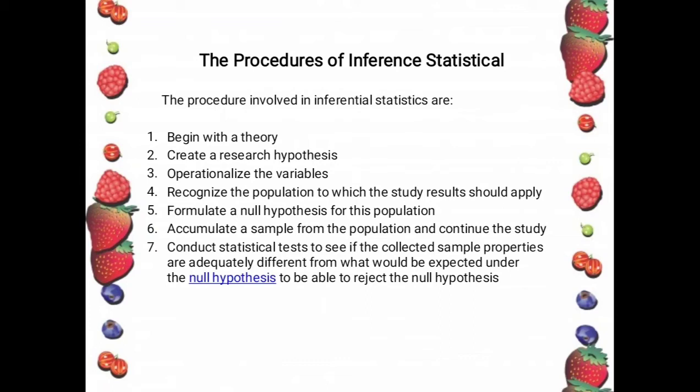Next, accumulate a sample from the population and continue the study. Last but not least, conduct statistical tests to see if the collected sample properties are adequately different from what would be expected under the null hypothesis to be able to reject the null hypothesis.